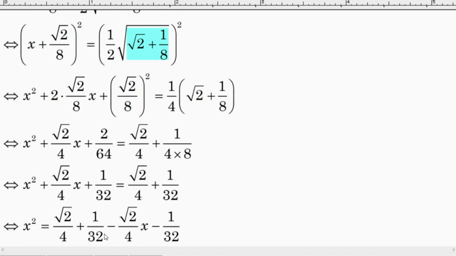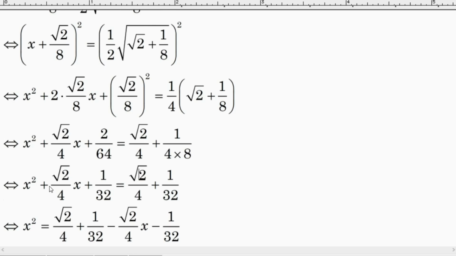Okay, so then x squared. So now I have moved this part to the right hand side of the equation. So that means we have this square root of 2 over 4, and then plus 1 divided by 32.